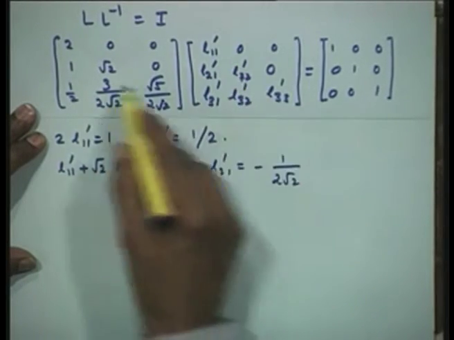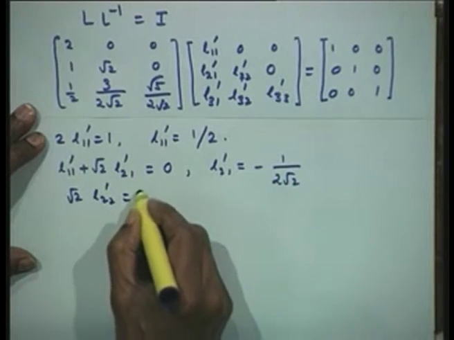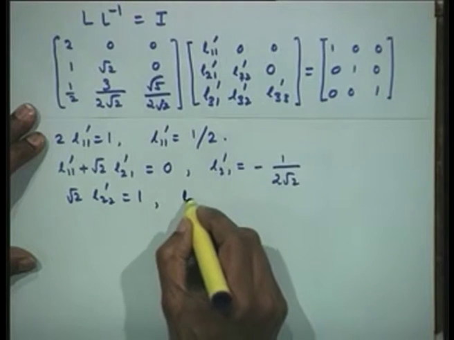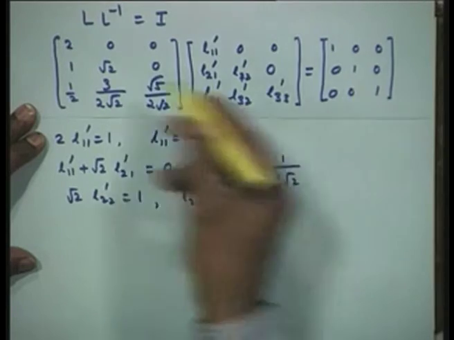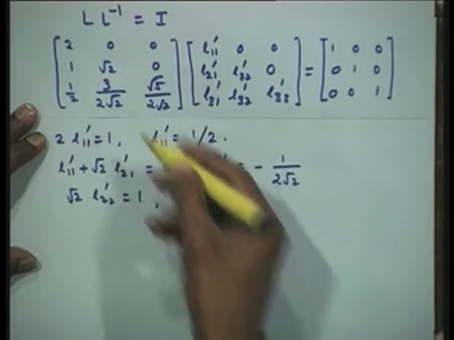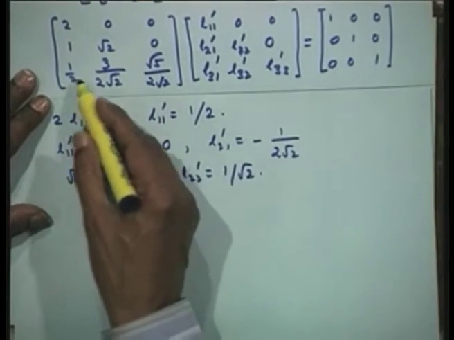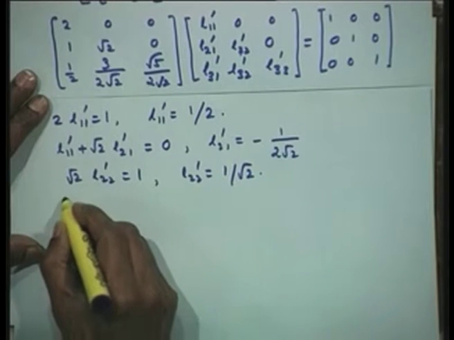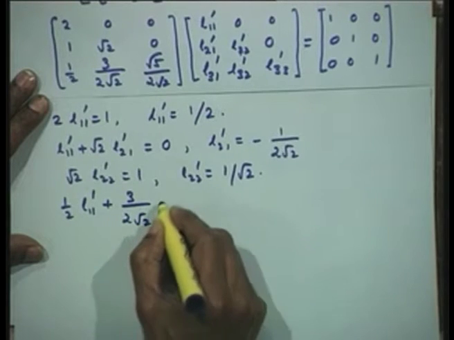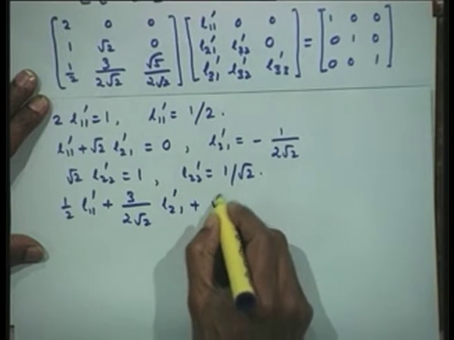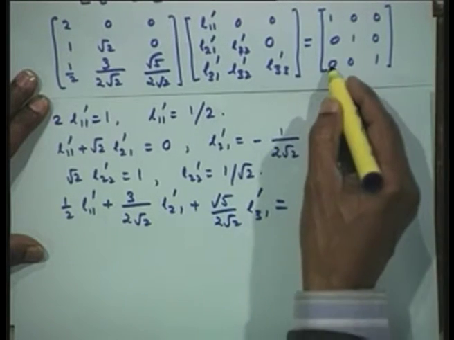Second row second column, it just gives you root 2 into L22 dashed, that is equal to 1. So L22 dashed is equal to 1 upon root 2. The observation which you have made, the diagonal element of this will be inverse of this, that is 1 upon root 2. Then I can multiply this row and this column, so I will have half L11 dashed plus 3 upon 2 root 2 L21 dashed plus root 5 by 2 root 2 L31 dashed, that will be this element 0.